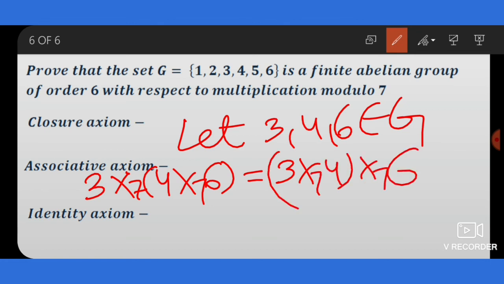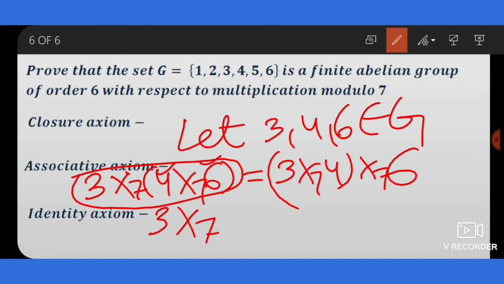Now we solve this. 4 into 6 is 24, 24 divided by 7, remainder 3. 3 into 4 is 12, remainder 5.